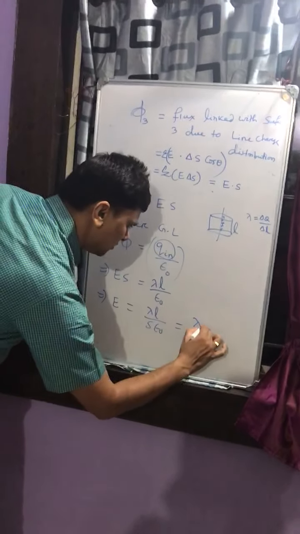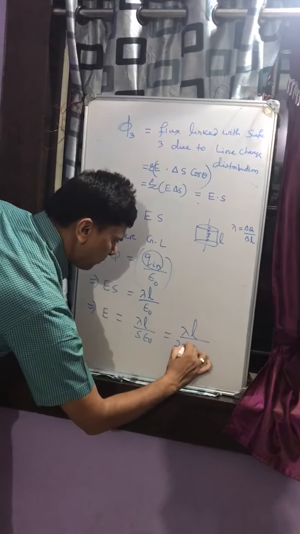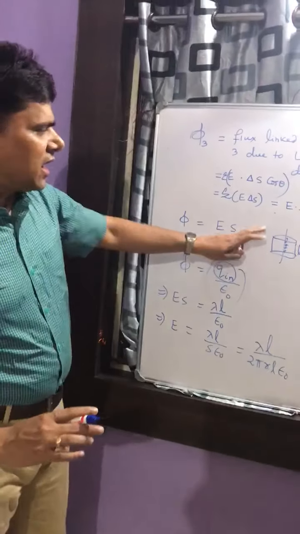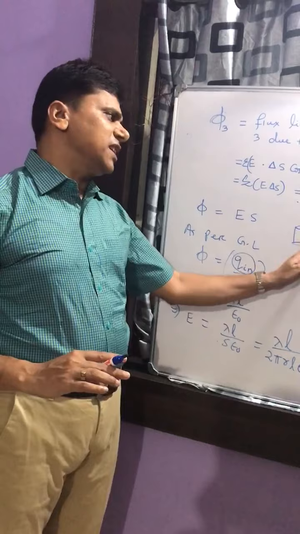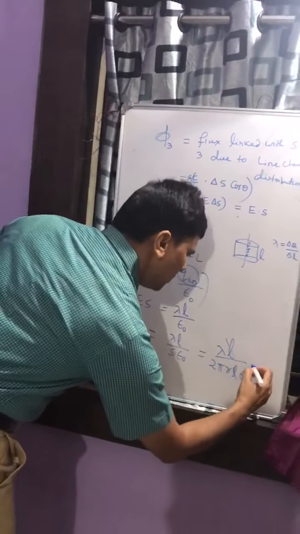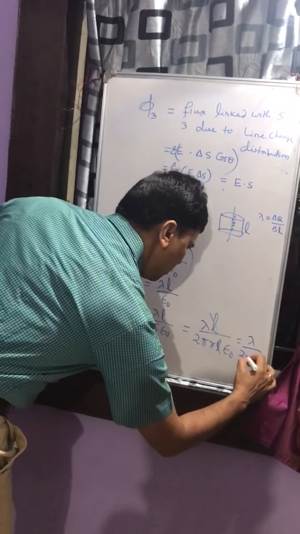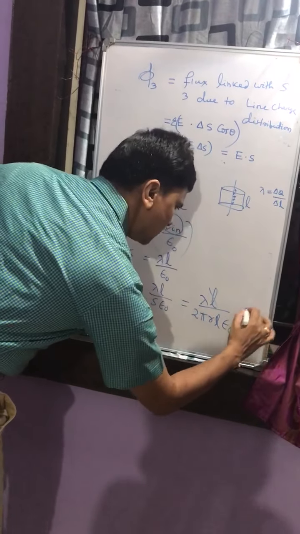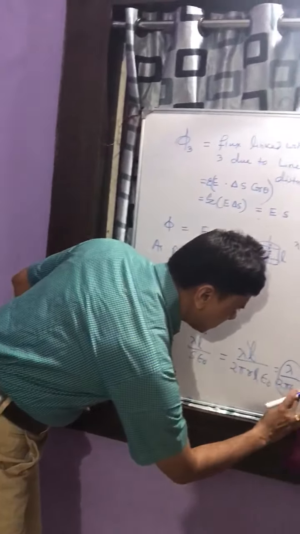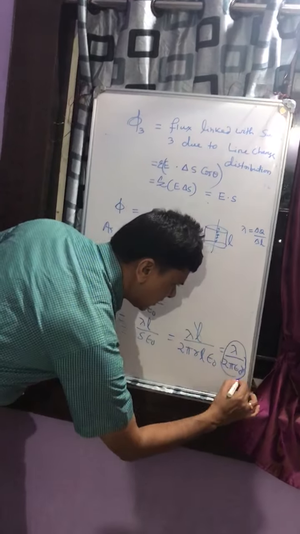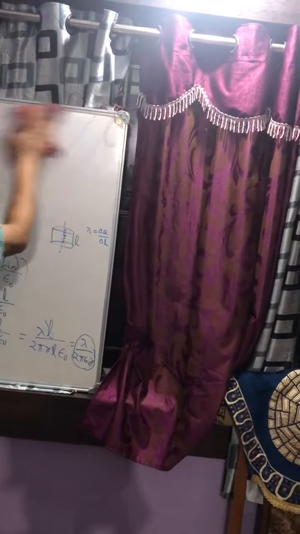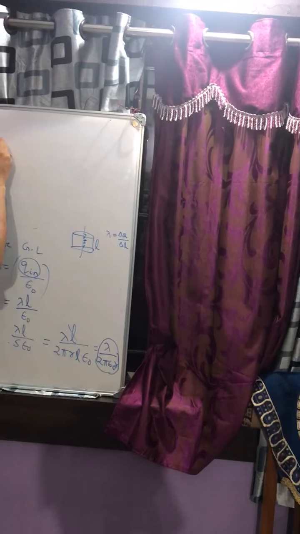Here S is equal to 2 pi RL. We all know that 2 pi RL is the curved surface area of this cylinder. So L cancels, and we get lambda by 2 pi epsilon 0 R. This is the formula of the electric field at this point due to the linear charge distribution.